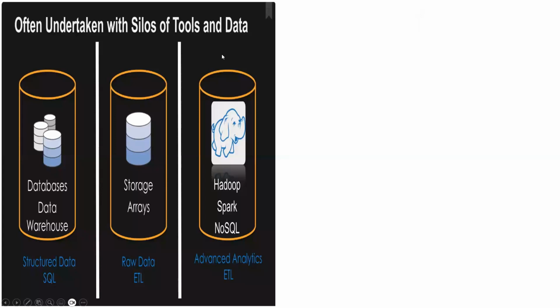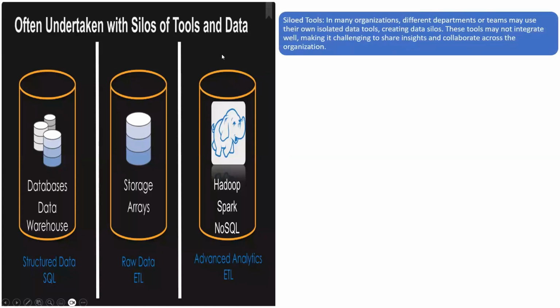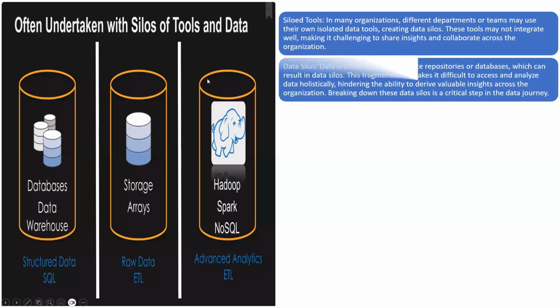So what we can say is siloed tools. In many organizations, different departments try to have their own isolated data tools, creating data silos. Then they will not integrate well with each other, basically. And the second thing you can say here is data is also siloed.